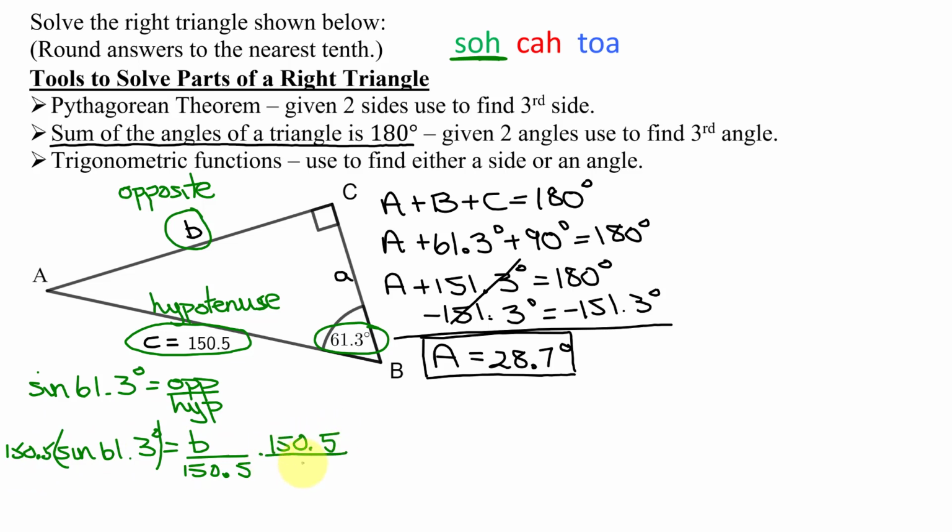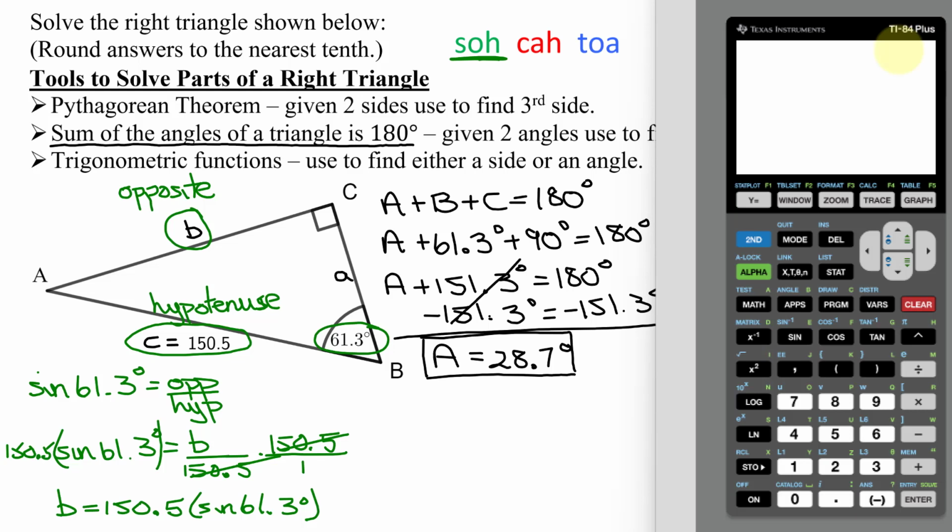These 150.5s reduce, which just leaves me with b. So b equals 150.5 times the sine of 61.3 degrees. So now I need to get my calculator.